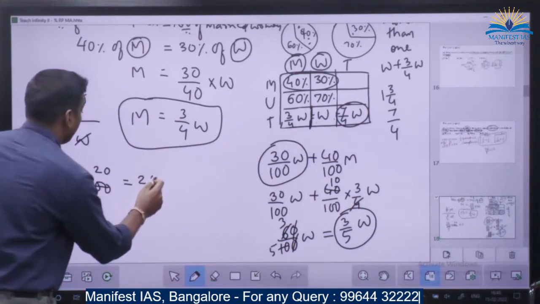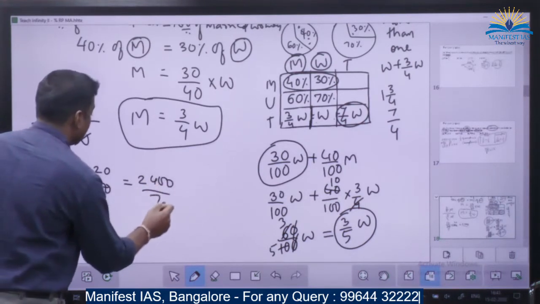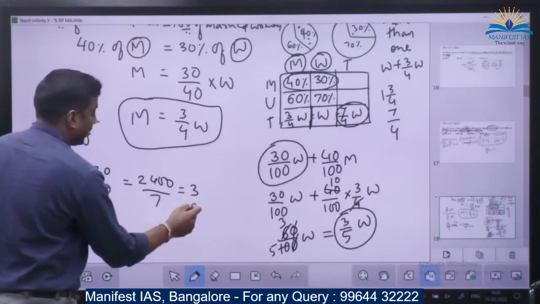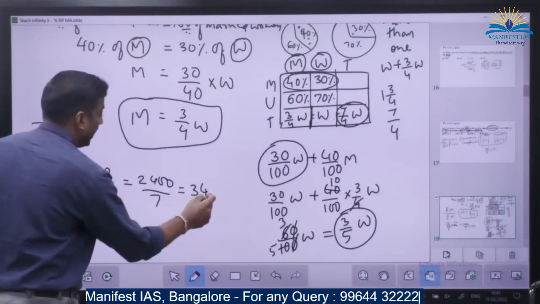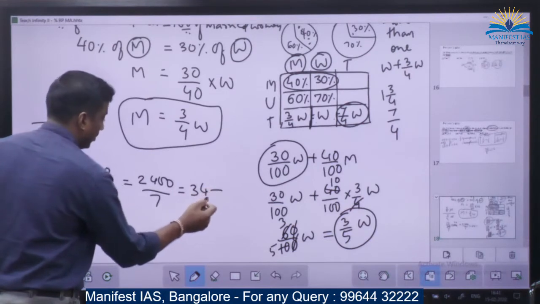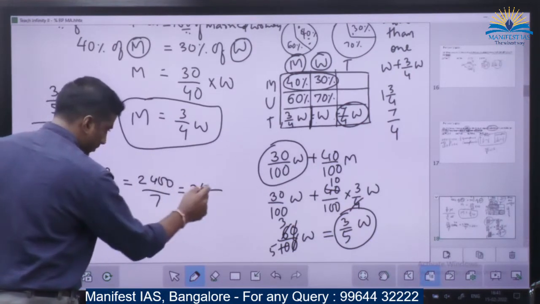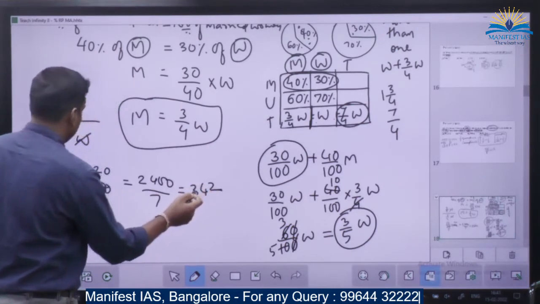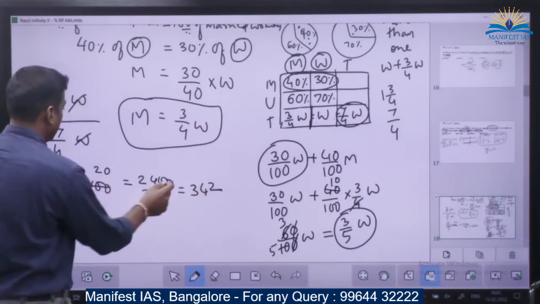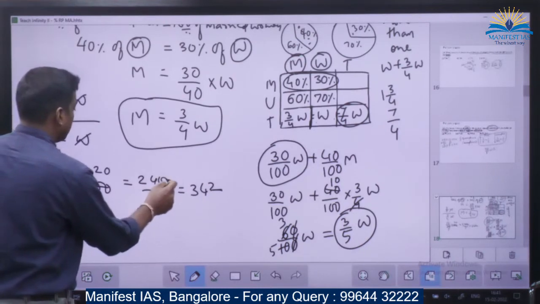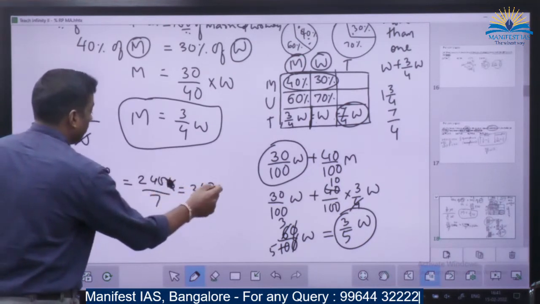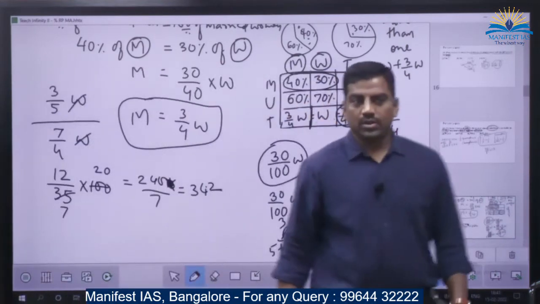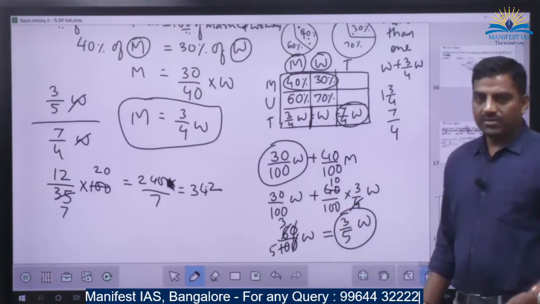This is 2400 divided by 7. So that will lead to 7 3s are 21, 7 4s are 28, then 7 2s are, 34.2 something, or 34 integer 2 by 7.